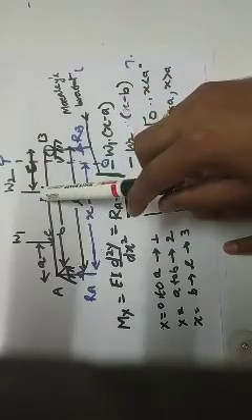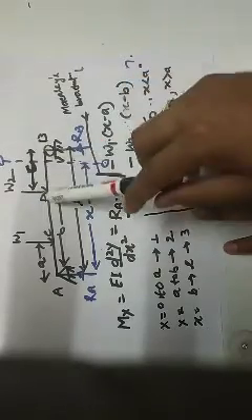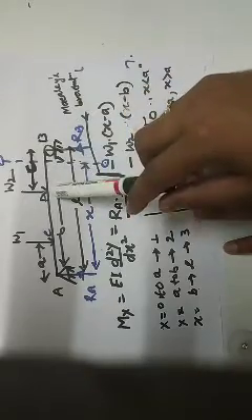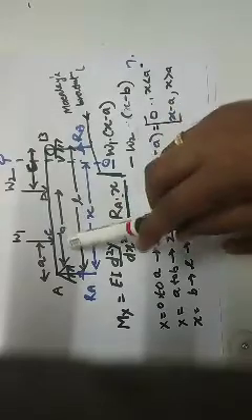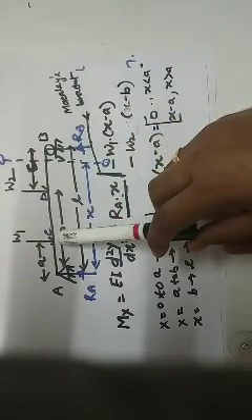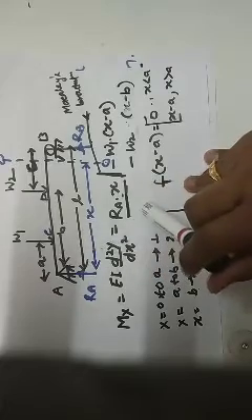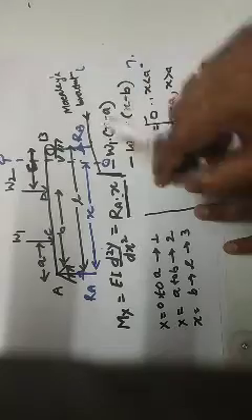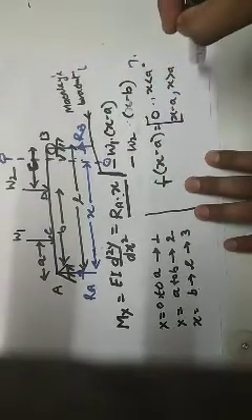Clear? Then there is no need to acknowledge the loads beyond these, right? Similarly, if we have to calculate slope and deflection at C, then there is the use of only the first term, right? There is no need to acknowledge the other terms, this x minus a and x minus b.